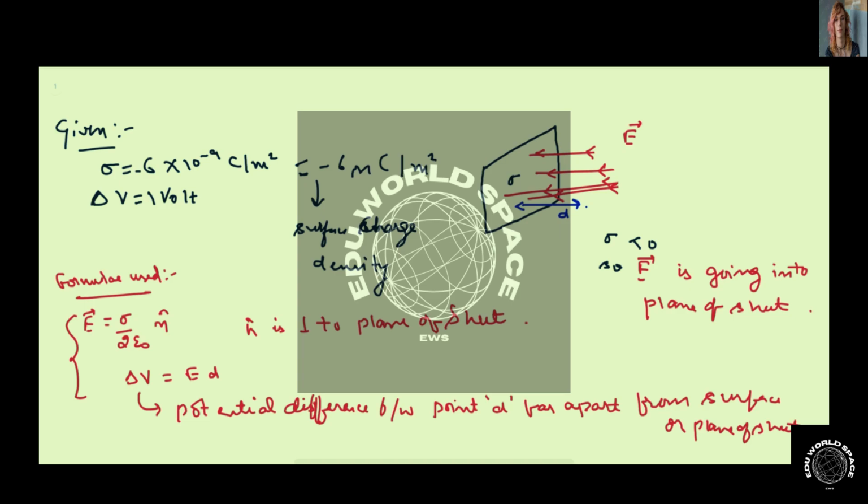Coming to the A part, the question says, as you move away from the sheet along a line perpendicular to it, does the potential increase or decrease? Definitely, we have negative charge density here. So for any positive charge, the potential decreases because your E is having minus sigma.